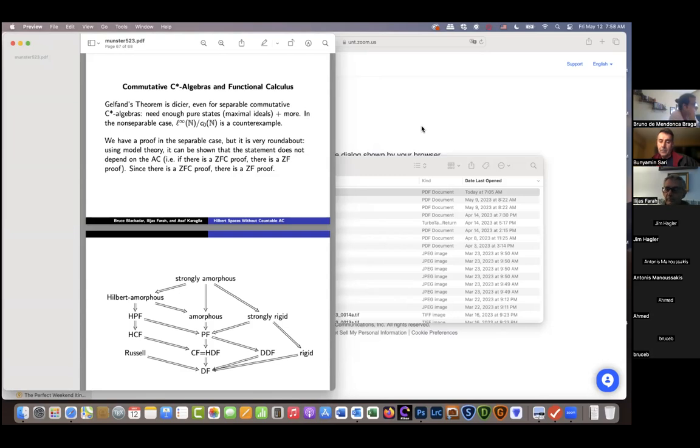Lots of things, as we know, use some version of the AC, some hidden version, and I keep finding things where somebody's used the AC, or at least the countable AC, and not even realized it. So yes, we should really look at that more carefully to see what parts of K-theory work and what don't. I think most of it works, if not all. I'm sure there's some things that don't work, but yeah.